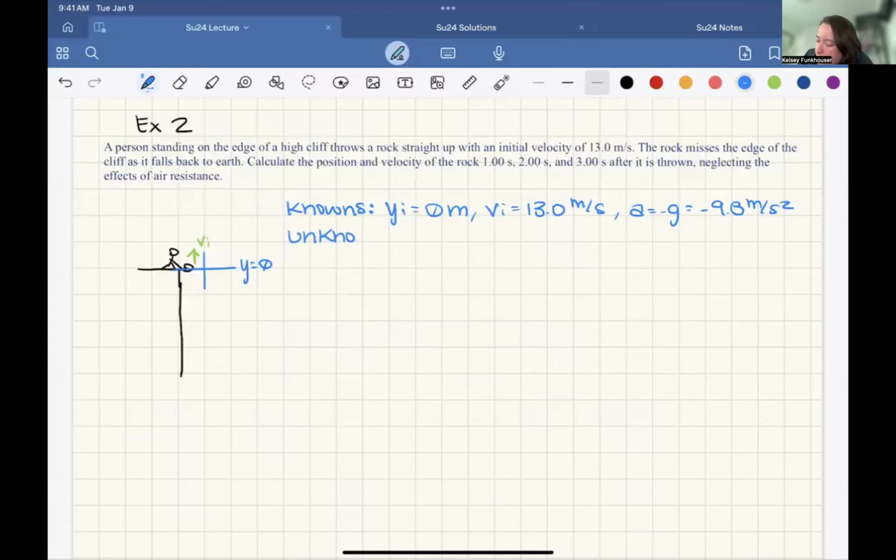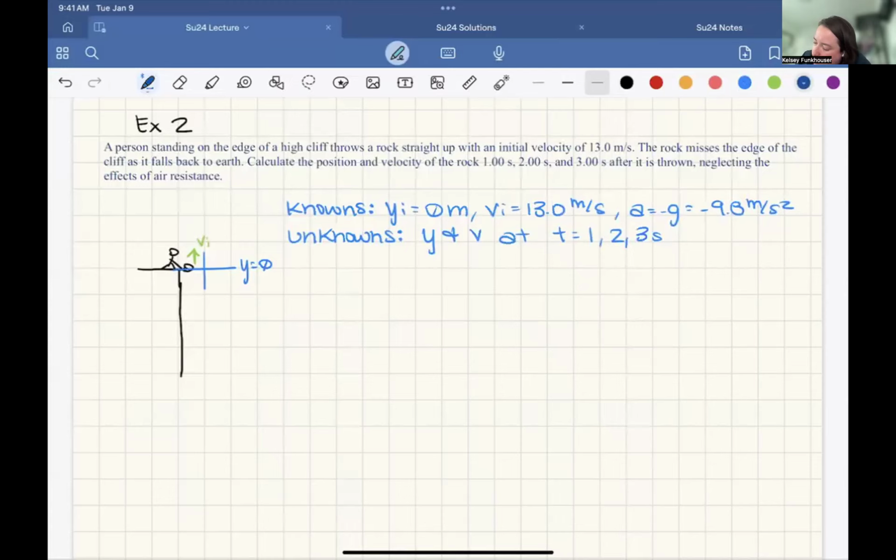And then our unknowns are the position and velocity at t equals 1 second, 2 seconds, and 3 seconds. And that's what we want to find. In order to do this, we're going to need more than one equation because we're solving for more than one thing.